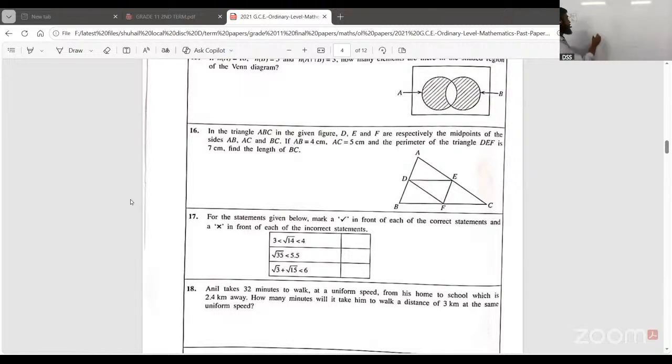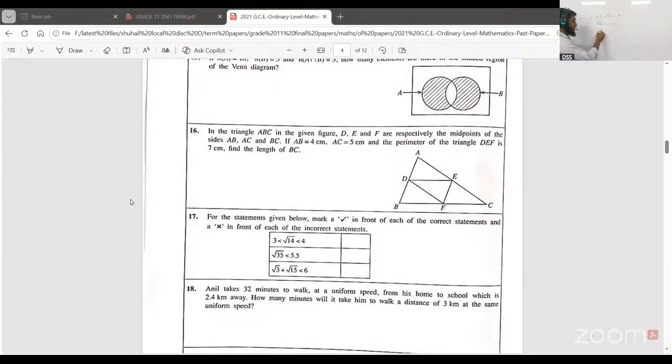The first statement is 3 square root 14. Do you get to put tick and cross in a maths paper here? You have to put correct or wrong. Square root 35 and 5.5 they have given.